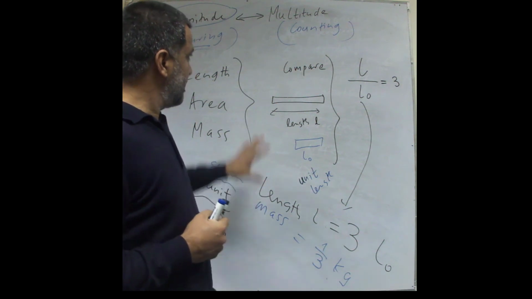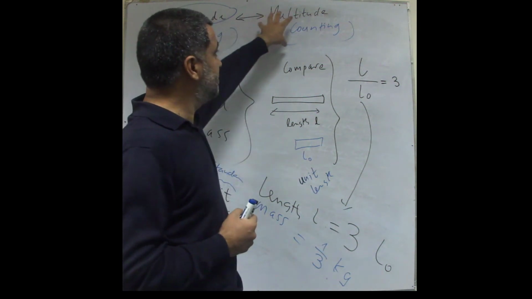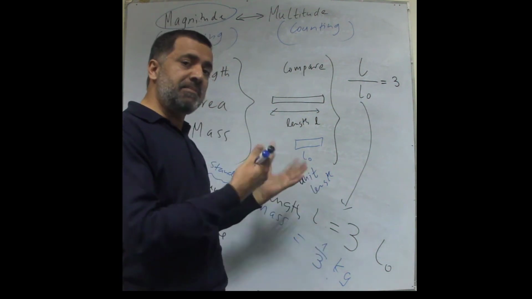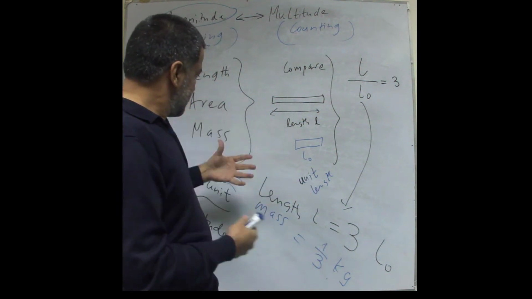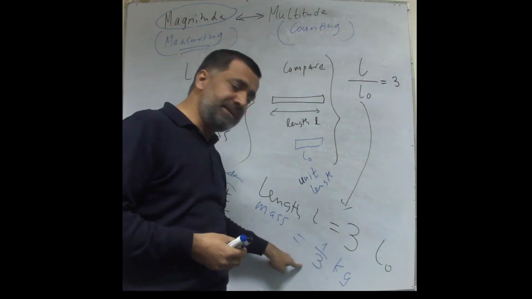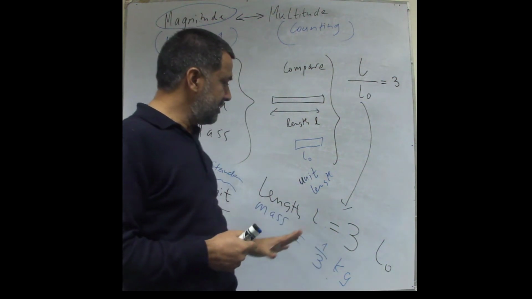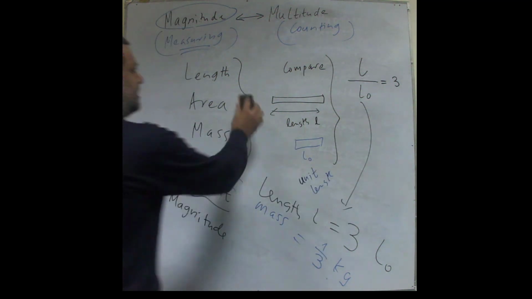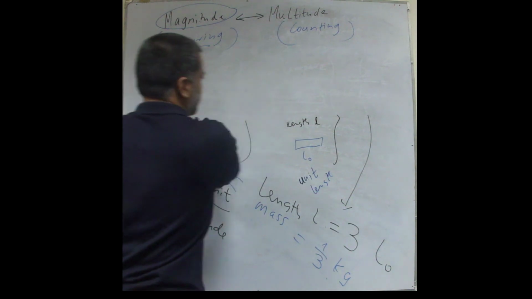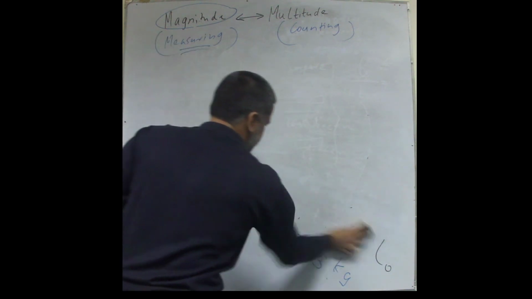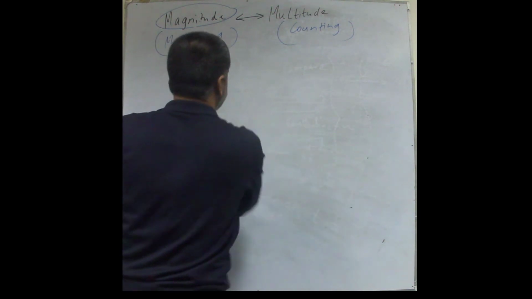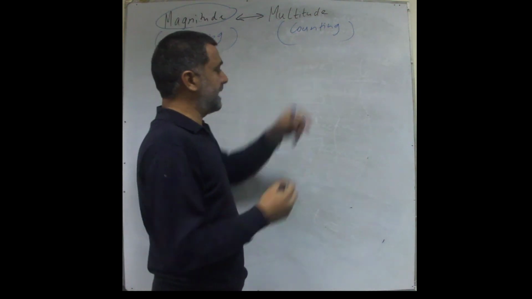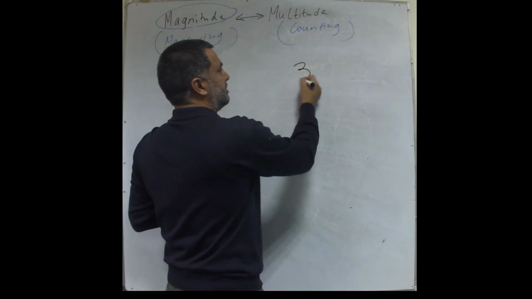So although the discussion changed drastically from multitude to magnitude, you're using the same numbers. You cannot do these calculations without numbers. Numbers will enter. So previously, if I now remove this and write one example of a multitude, I will say 3 apples.